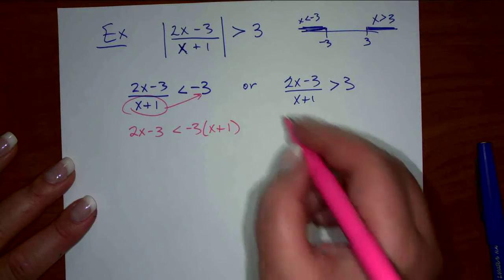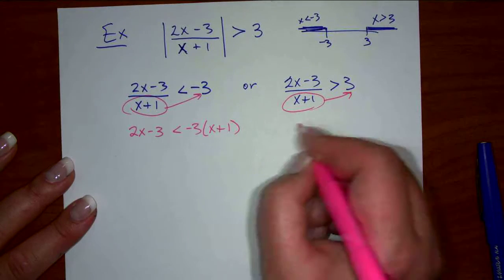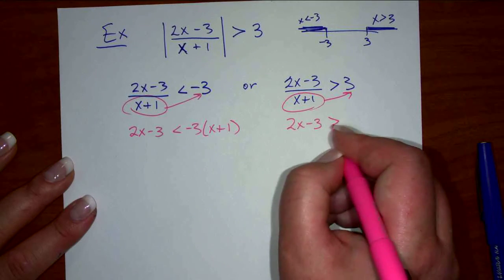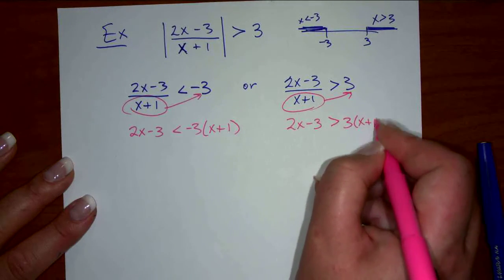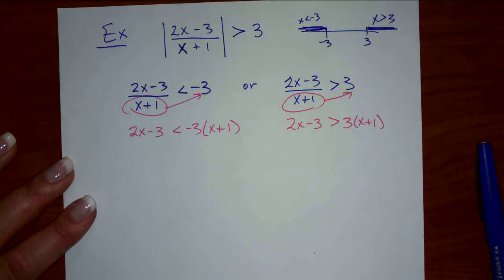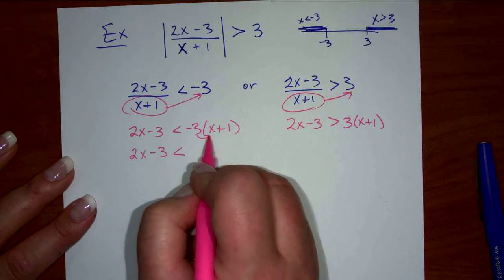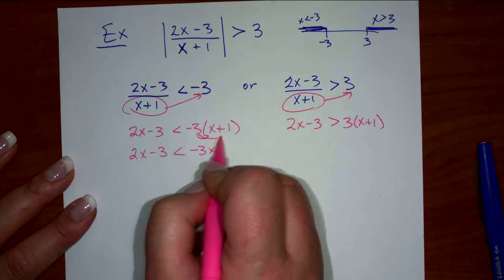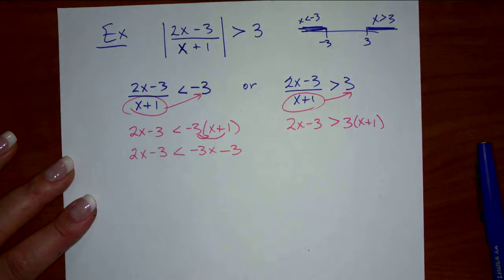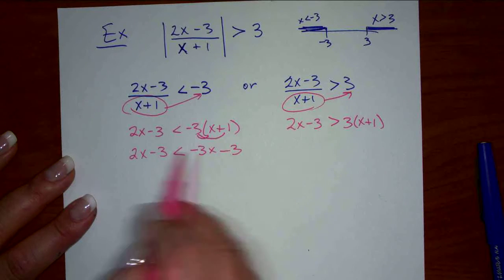This one will end up doing the same thing. 2x minus 3 is greater than 3 times x plus 1. So the whole bottom times the 3. Minus 3x minus 3. So move the x's to the left.